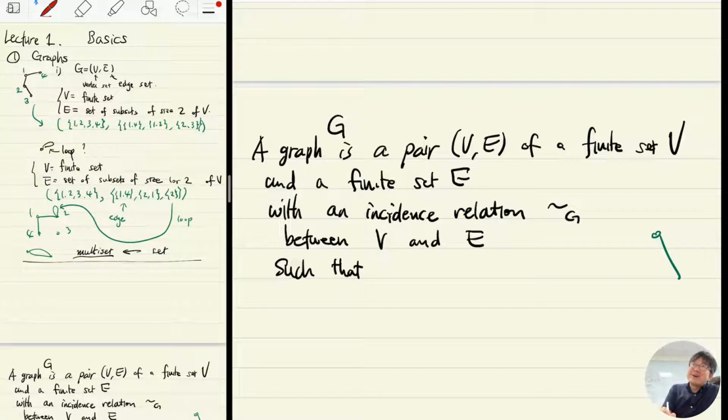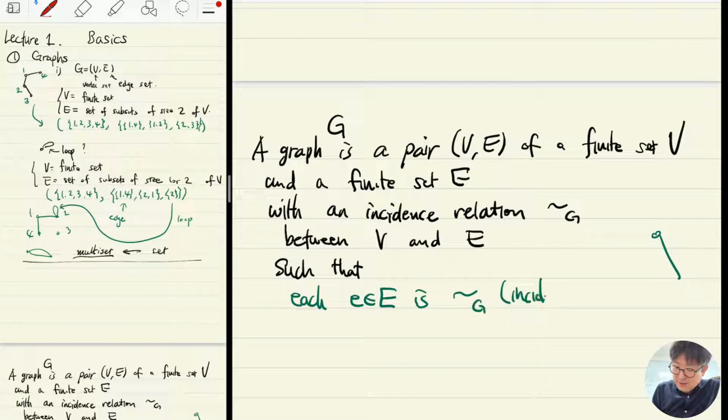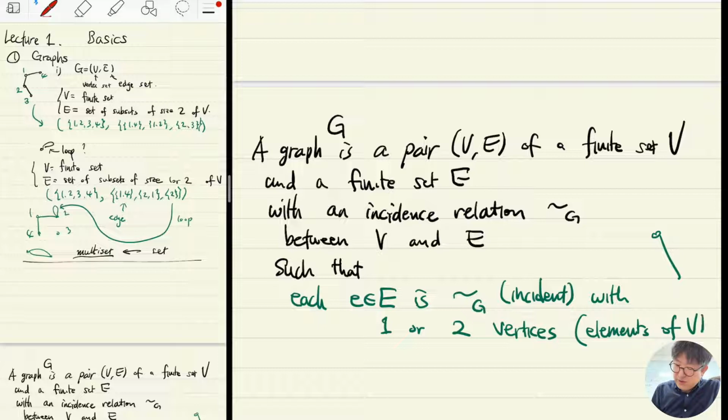In order to say this is a graph, each e in E must be incident with one or two vertices, where vertices are elements of V. So every edge is incident with one or two vertices.